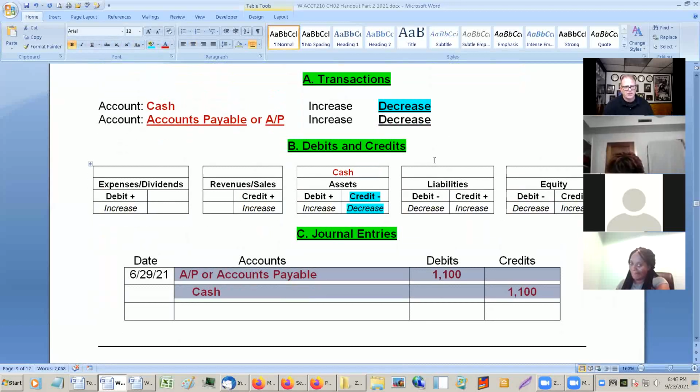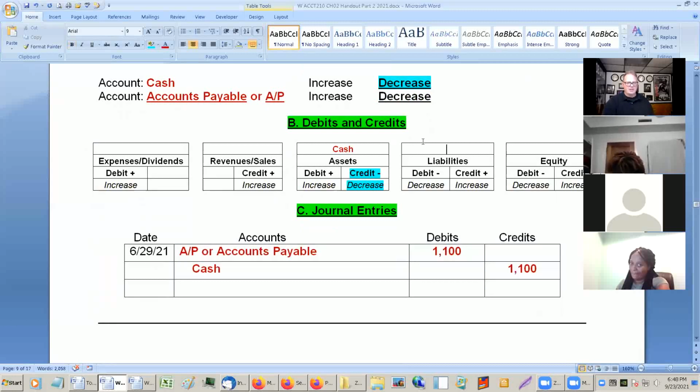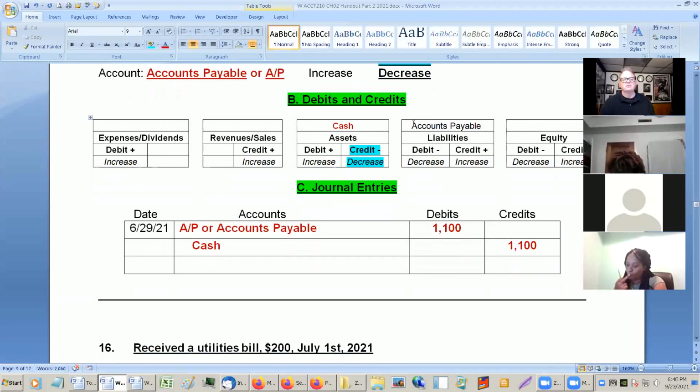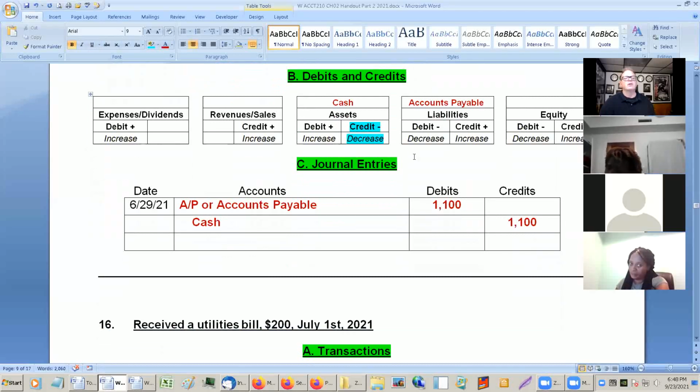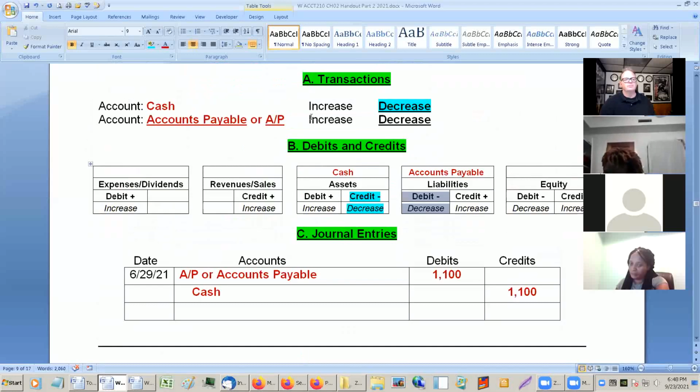Now, I am going to put it up here. We have liabilities. There's a reason why it's going to be a debit. Accounts payable is decreasing. It's going to decrease with a debit.